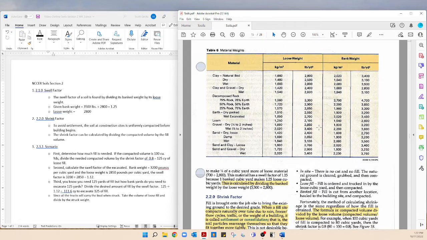So you would expect to get out of, say, a 100 cubic yard hole, once the dirt was on the ground, 100 bank yards times 1.42. You could expect to have 142 cubic yards of loose material.